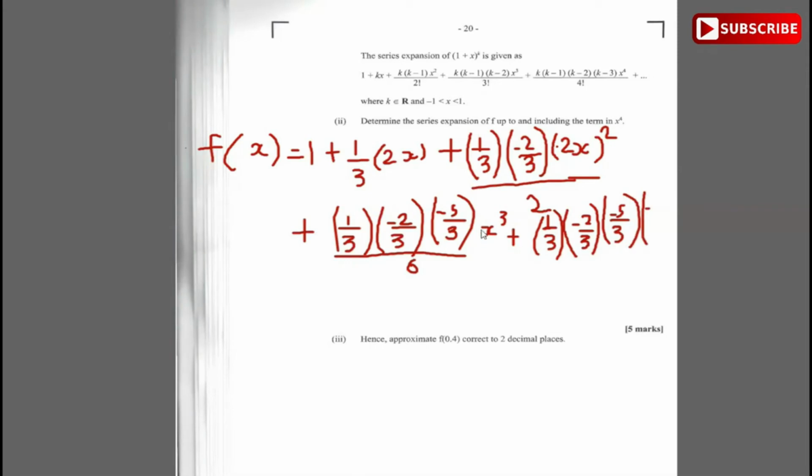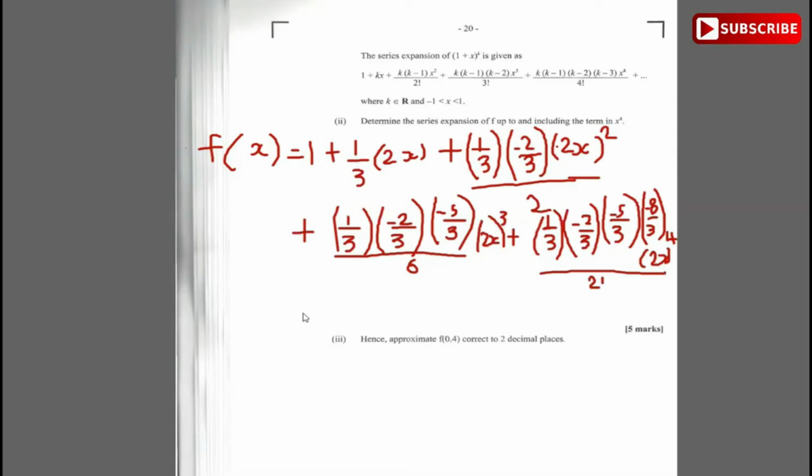And my apologies, I put x cubed and this should have been 2x all cubed. I'm giving it away. This is 2x all cubed. This is minus 8 over 3. And all of this is being multiplied by 2x to the 4th power divided by 4 factorial, and 4 factorial is 24.